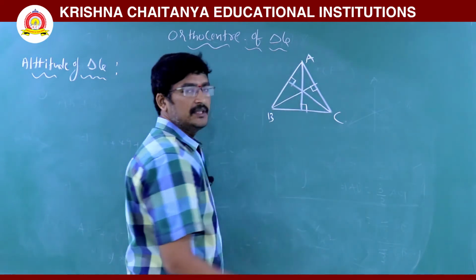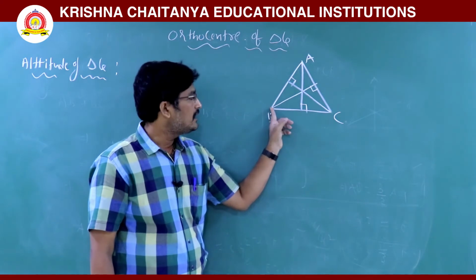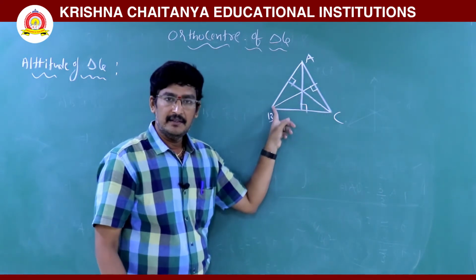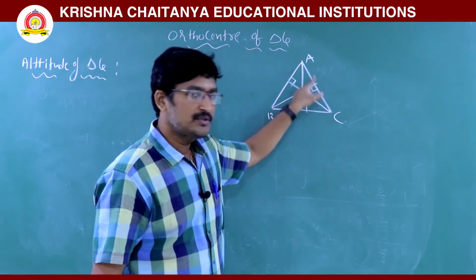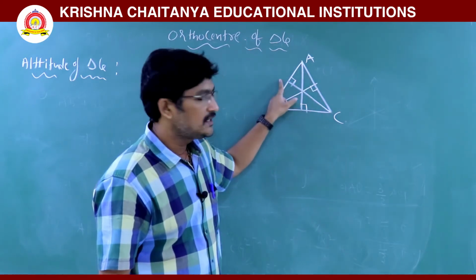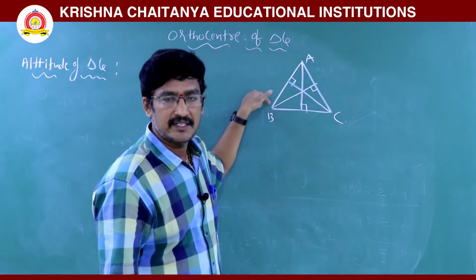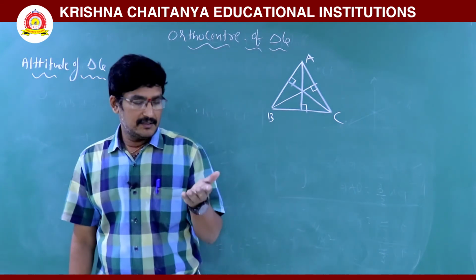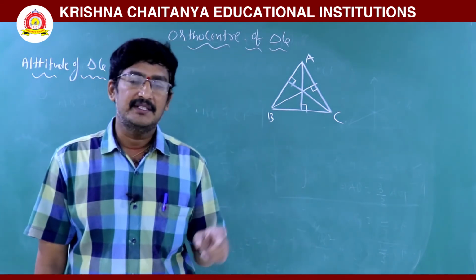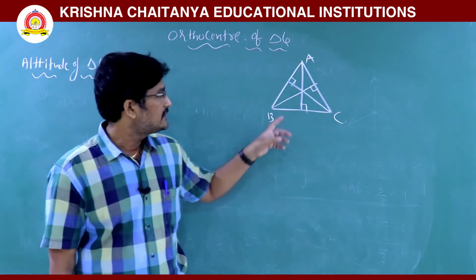This is the altitude passing through A, this is the altitude passing through B, and the line passing through B makes a right angle with the opposite side. This one is passing through C and subtends a right angle with the opposite side. The line passing through the vertex and subtending a right angle with the opposite side is called the altitude of the triangle.